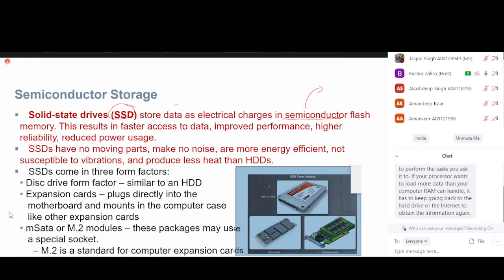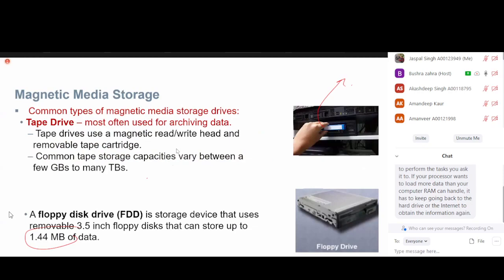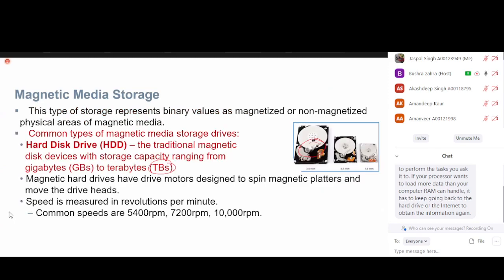SSD doesn't have any read-write head, so it doesn't come with motors and that kind of assembly. In the case of a magnetic disk, it comes with motors and the read-write head keeps moving. If you turn on your desktop computer, you might have heard, if it is an HDD type hard drive, the read-write moving spindle noise, right?